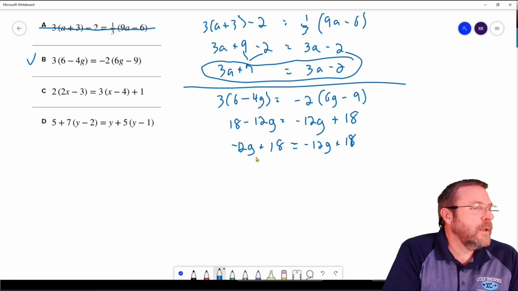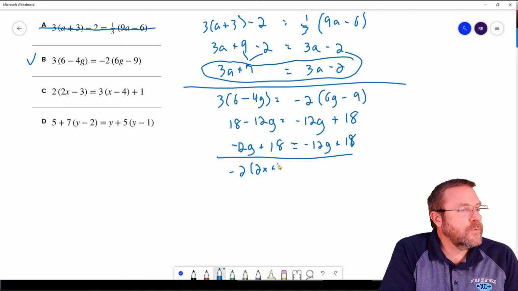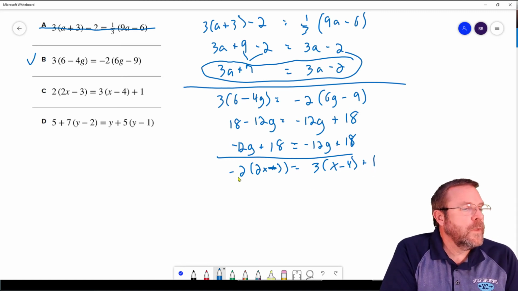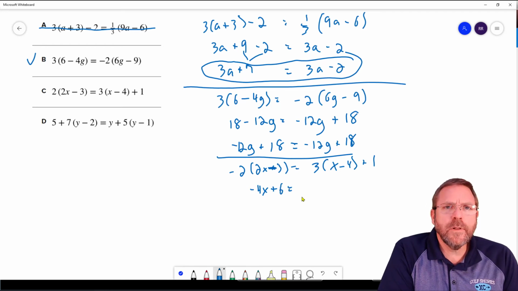The next one we have shows negative 2 times 2x minus 3 equals 3 times the difference of x and 4 plus 1. Well, negative 2 times a positive 2x gives me a negative 4x. A negative 2 times a negative 3 gives me a plus 6.